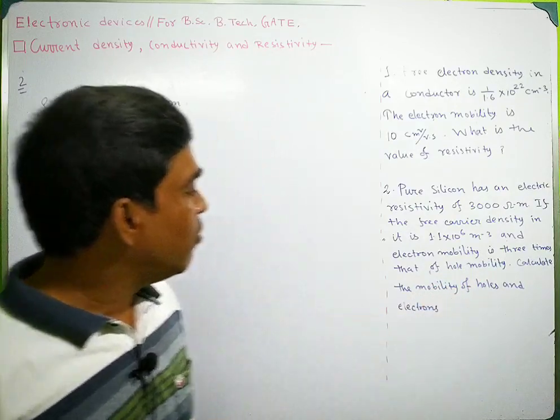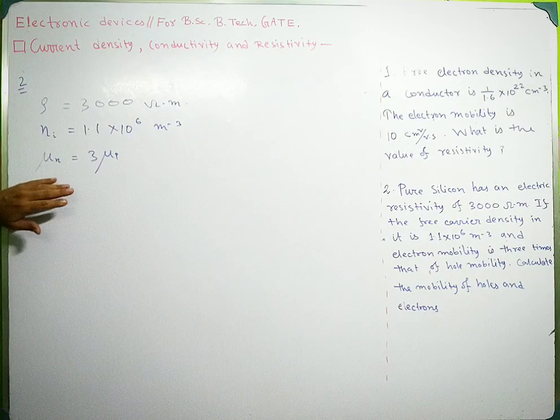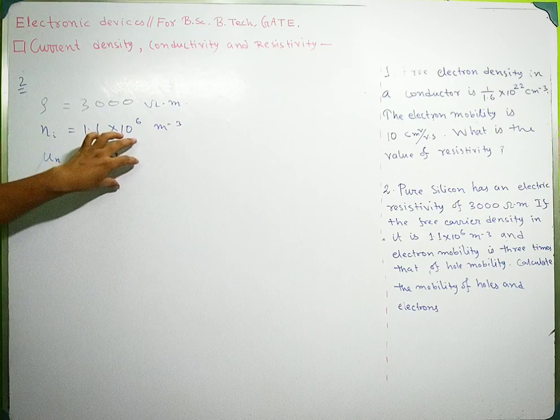Calculate the mobility of holes and electrons. So you have to calculate mu n and mu p.